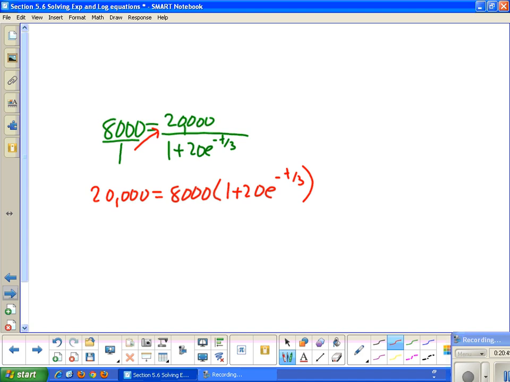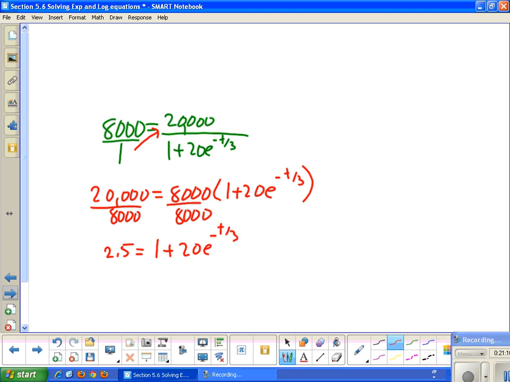Now I would divide both sides by 8,000 first. When I divide by 8,000, I get 2.5 equals 1 plus 20e to the negative t over 3.